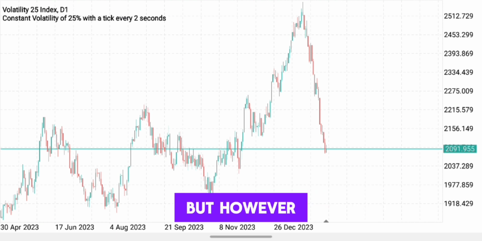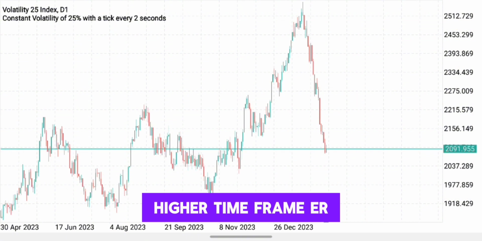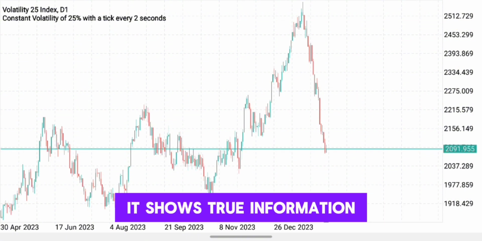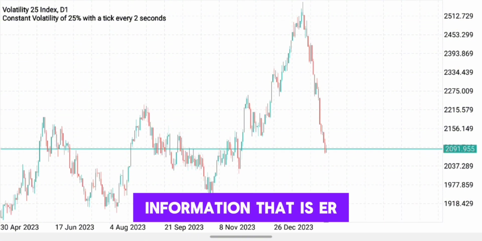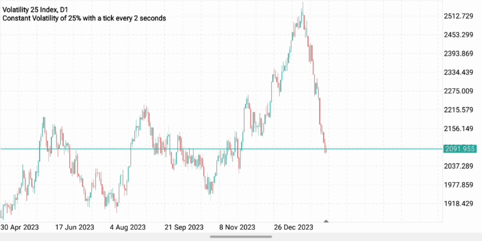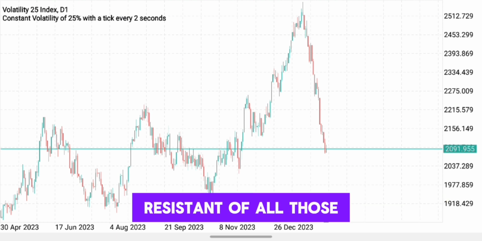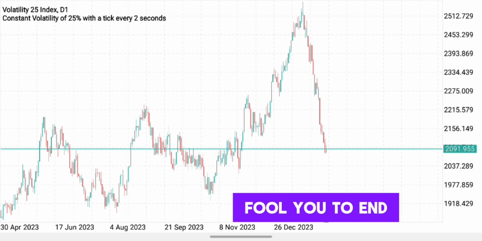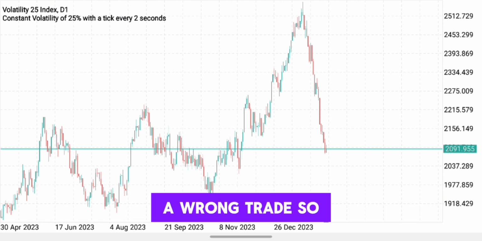But however, if you look at the market at a higher time frame, it shows true information that is resistant to all those fake outs and anything that may fool you to enter a wrong trade.